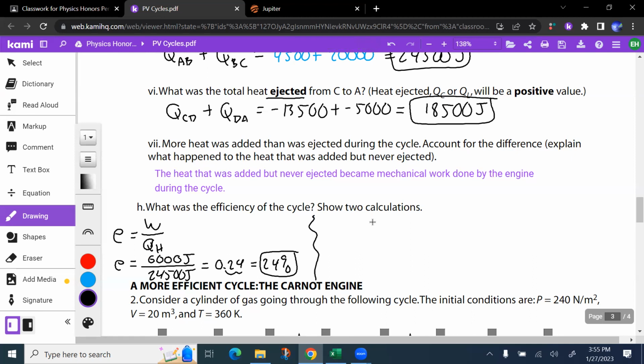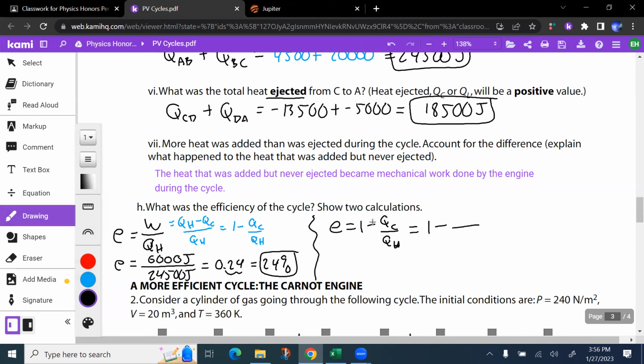Now, another way to calculate this would be to take the fact that efficiency is equal to the heat coming in minus the heat going out, over the heat coming in. And we can split this up into separate denominators. QH over QH is 1, minus QC over QH. So we have two different calculations that we can do. 1 minus QC over QH will give you the same value.